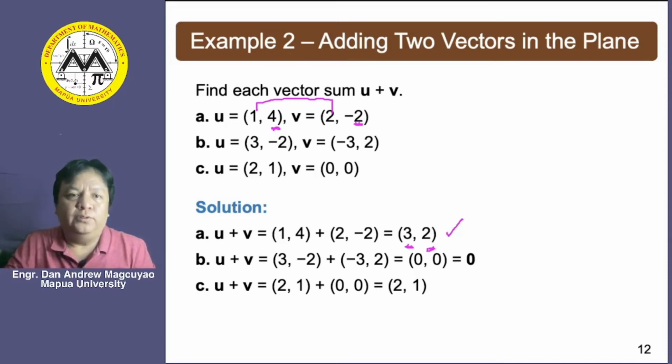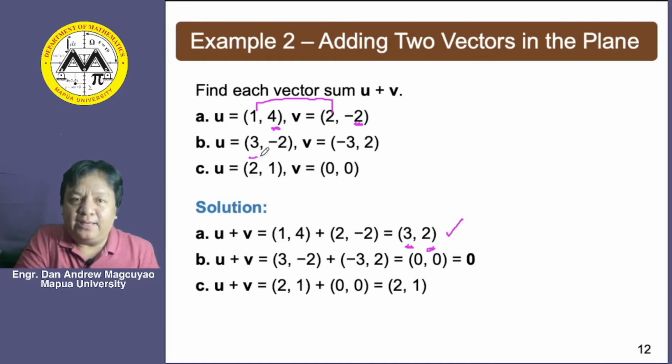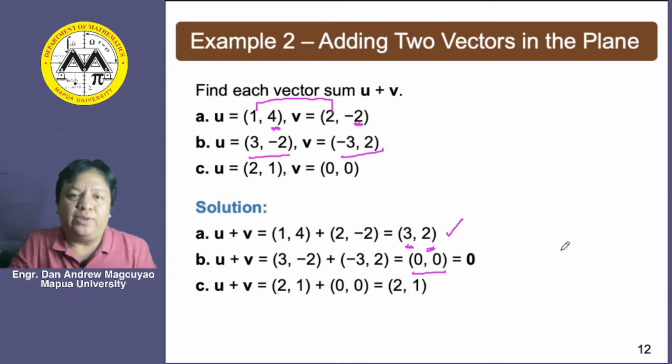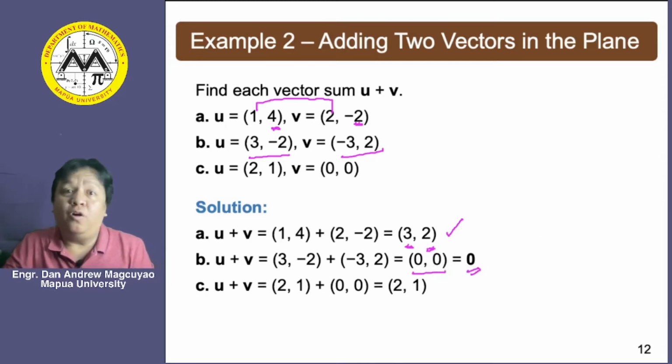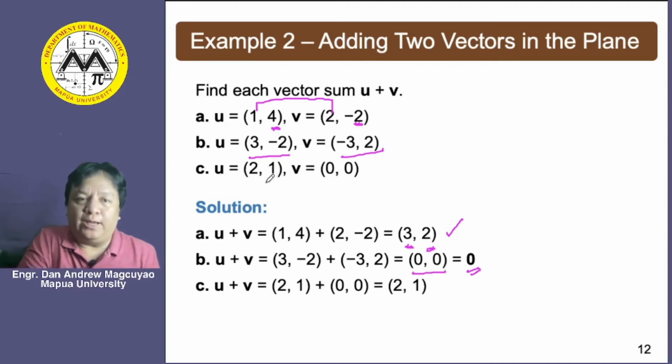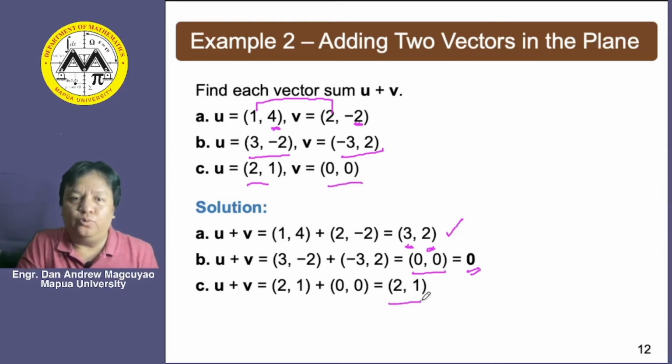If we add 3, negative 2 to negative 3, 2, it would be 0, 0. So we have the zero vector. All components are 0. Similarly, if we add 2, 1 to 0, 0, 2, 1 plus 0, 0 is 2, 1.